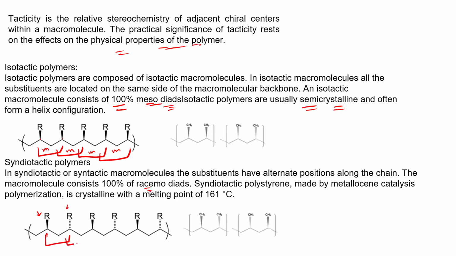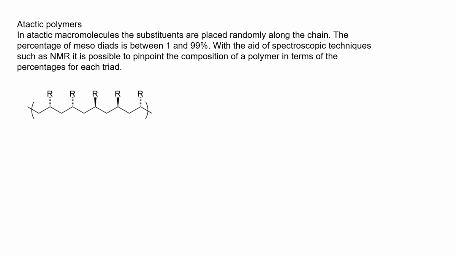Here again, these diads are 100% racemic, a racemic-type relation present. And if you see the property, it's crystalline with a melting point of 161 degrees. So that's about syndiotactic.